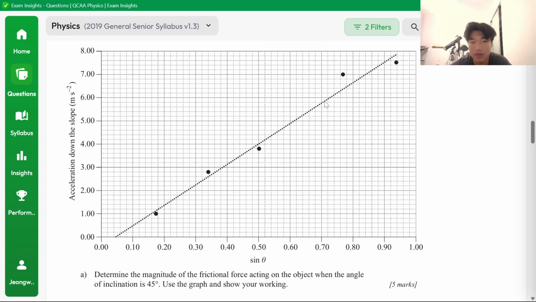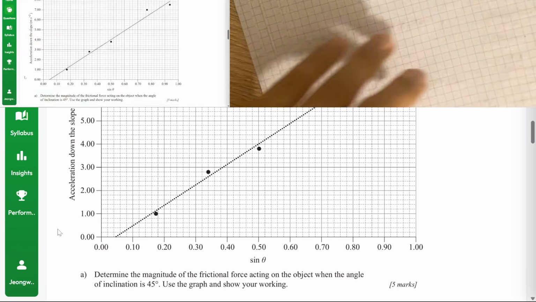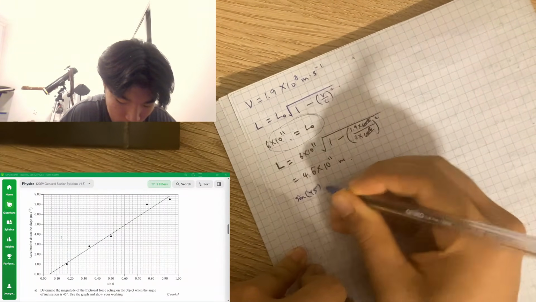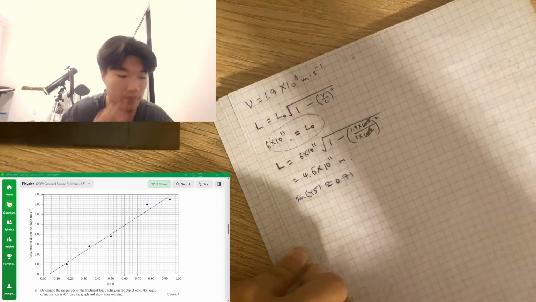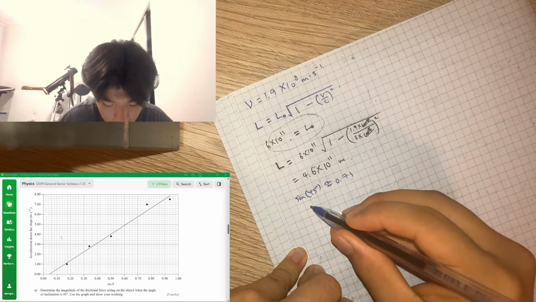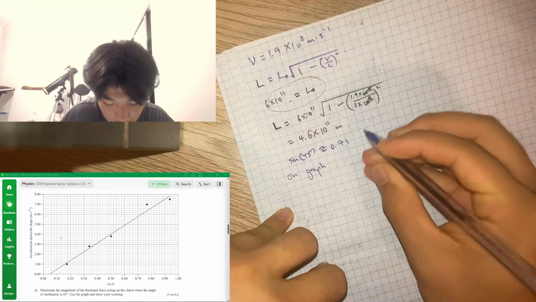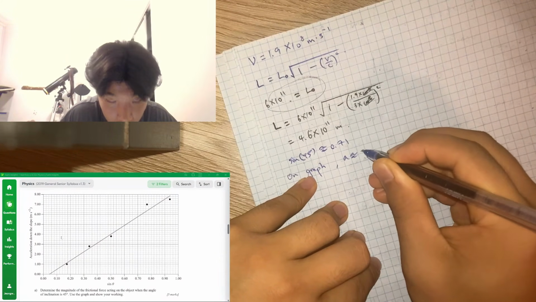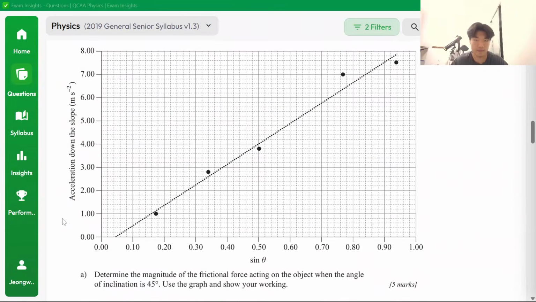5.9 approximately, acceleration. So what you'd write is sine of 45 degrees equals 0.71 roughly, so we'd use this symbol. And then what you do is on the graph, A is roughly 5.9, right?